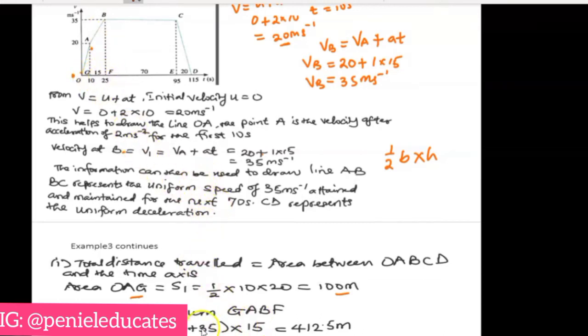So you're going to have half, this is 20 and this is 35, then multiply by 15, which is the base, the difference here, that's 15. So half of 20 plus 35 multiplied by 15 is going to give you 412.5 meters.